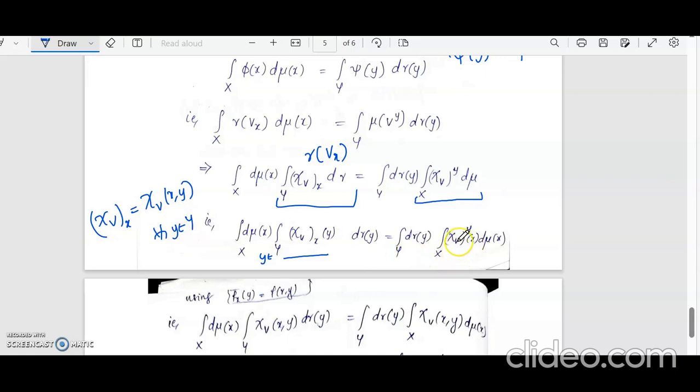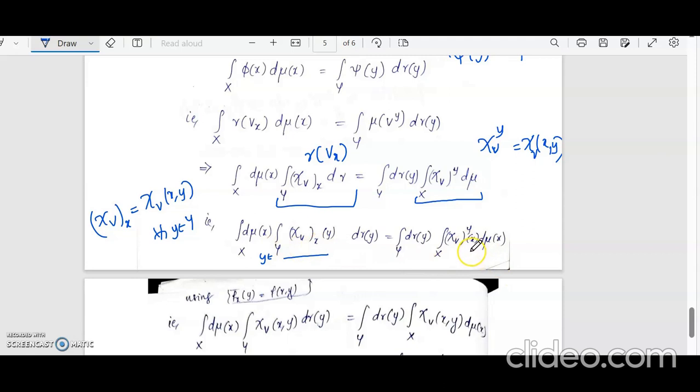Similarly, in the case of this integral, the y section comes in. So chi v of y is defined as chi v of xy for all x belongs to x. So this function can be replaced by chi v of xy using the property of the x section. So this will be equal to chi v of xy.